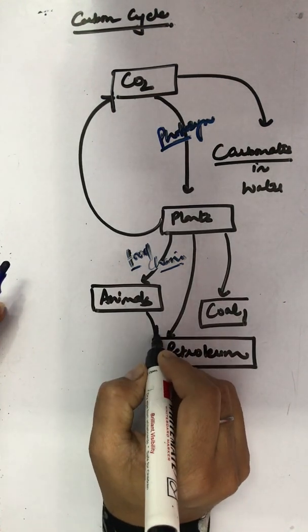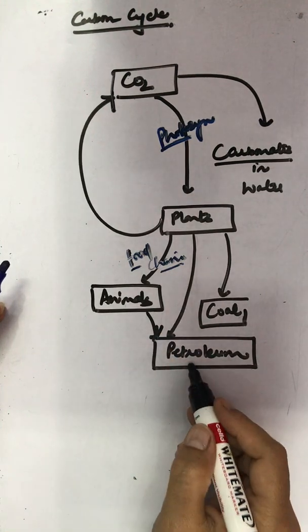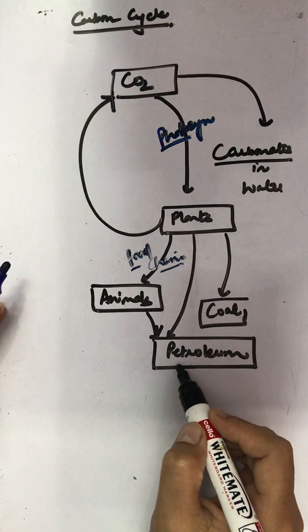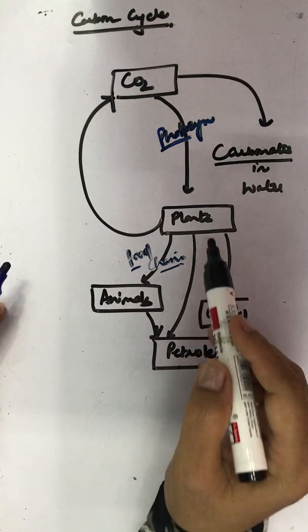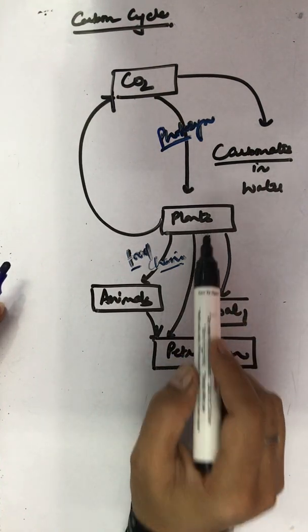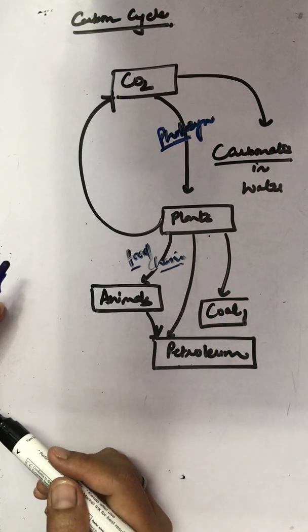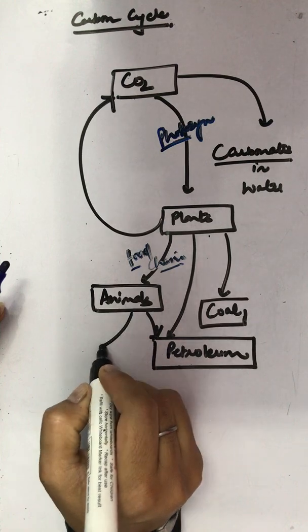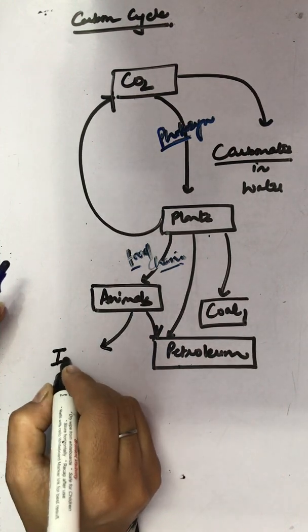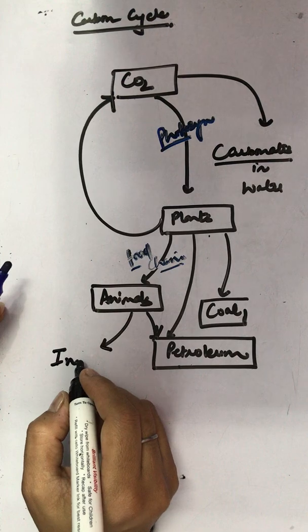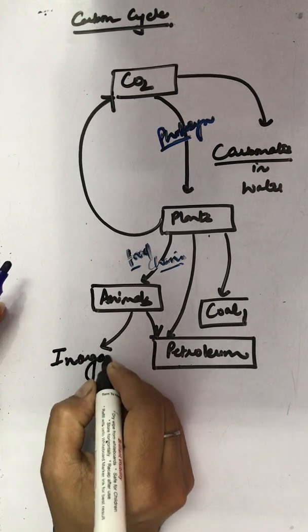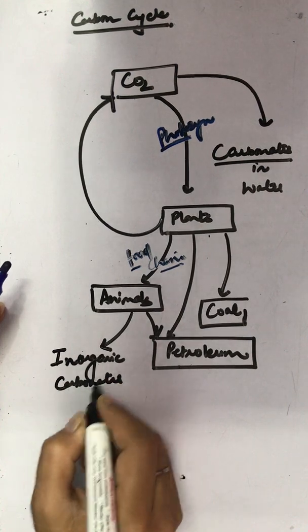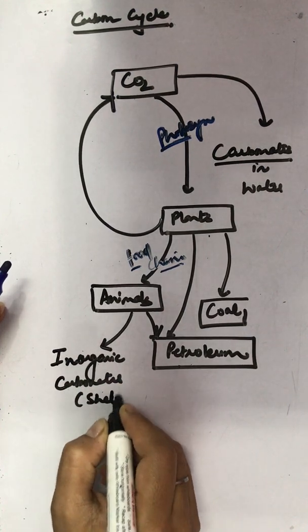Animals' bodies can be decayed and petroleum can be formed, right? So coal and petroleum are the end products of decay of plants and animals. Then these animals, when they are buried in the sea as well, become an important component that is called shell. So we can say inorganic carbonates are formed, which are known as shells.